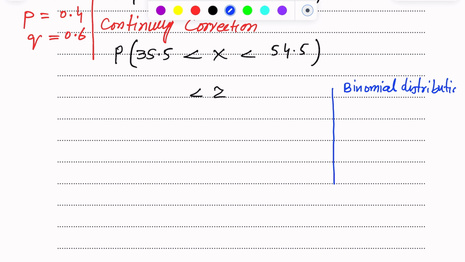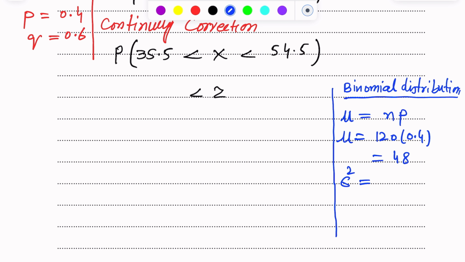The formula for the mean is mu equals n into p. Here n is 120 and p is 0.4. We get mu is 48. In the same way, sigma square is n into p into q, where n is 120, p is 0.4, q is 0.6.